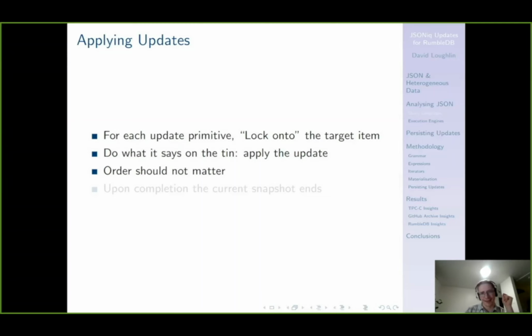Now, since these updates are all to be applied in the same snapshot, the order in which the expressions described the updates should not matter. Rather, updates that will conflict already have been identified in merges, and so all the updates to be applied should be applied. Finally, once the PUL has been applied, all update primitives have been removed and the snapshot is ended.